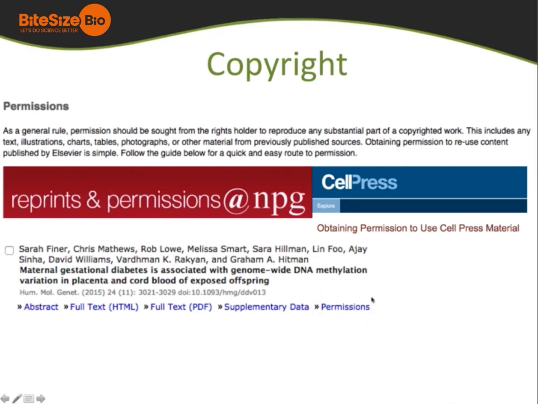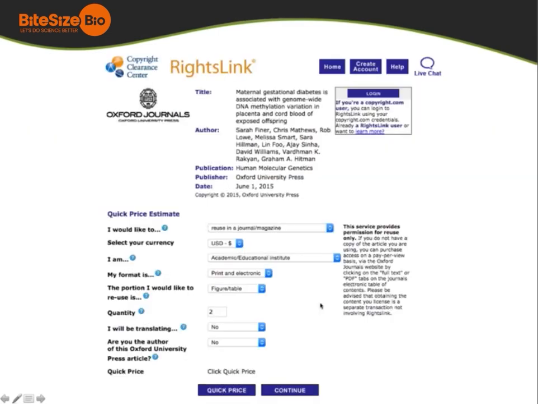And this links to one of the commonly used permissions programs called RightsLink. When you click on this, you get something like this, which details the paper, and a few drop-down menus asking you what you want to reproduce. In some cases you may have to pay for reproductions, but depending on what it is you're actually reproducing, it may also be free. And this could give you permissions within the hour, but not all journals do this.